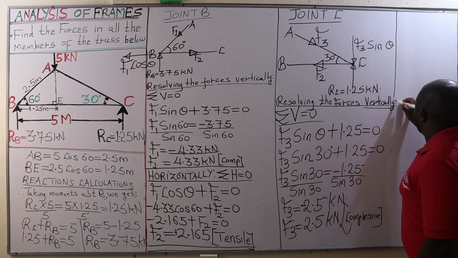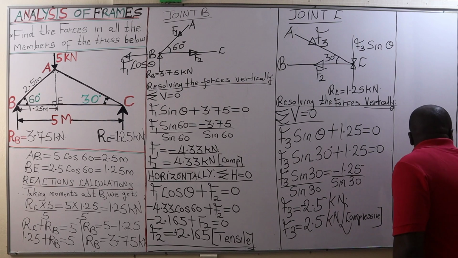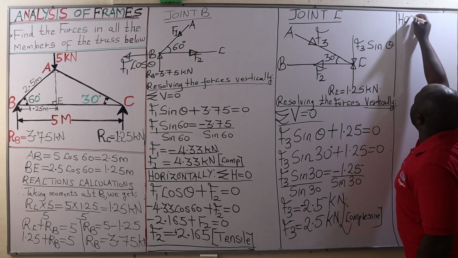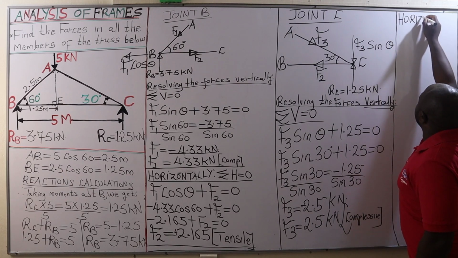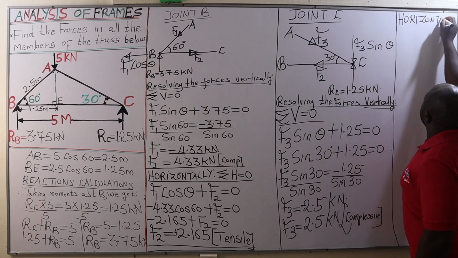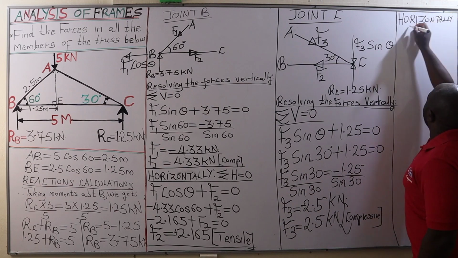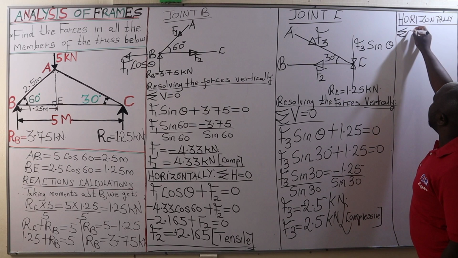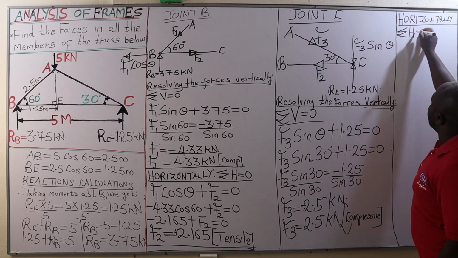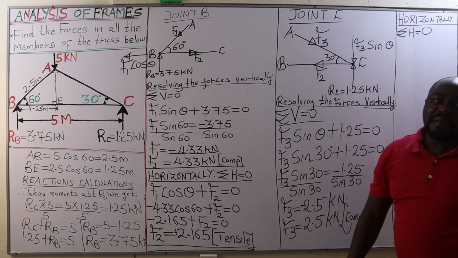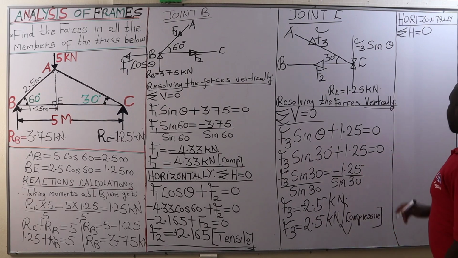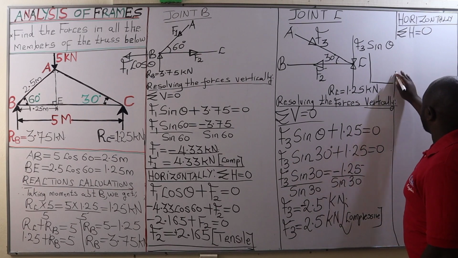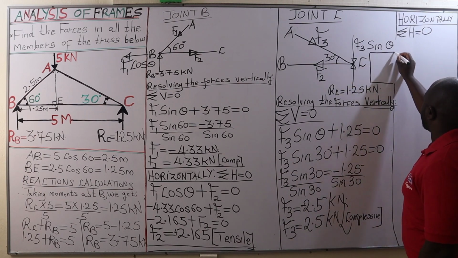After analyzing the forces vertically, the next thing we are going to do is analyzing the forces horizontally. Therefore, analyzing the forces horizontally and applying this principle of summation of all horizontal forces being equal to 0, we are going to have, let me create more space at this point.